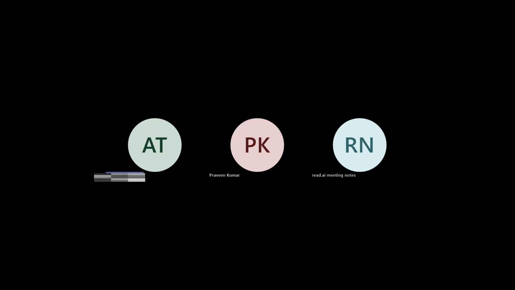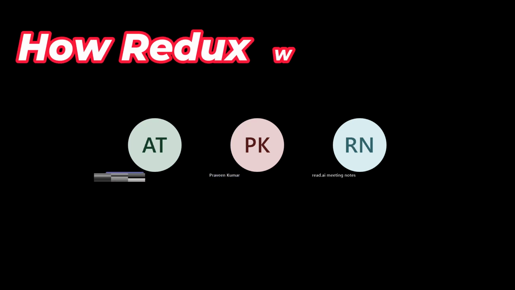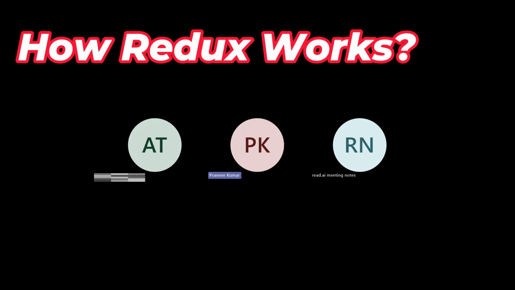Have you worked with Redux? Yeah, I worked on Redux. Can you tell me the flow of Redux? The main flow of Redux is it has a store where it stores all the values and we access the values from there, and it has actions and reducers which help us to update the value in the store. The store is immutable, so we cannot change any value in the store directly.